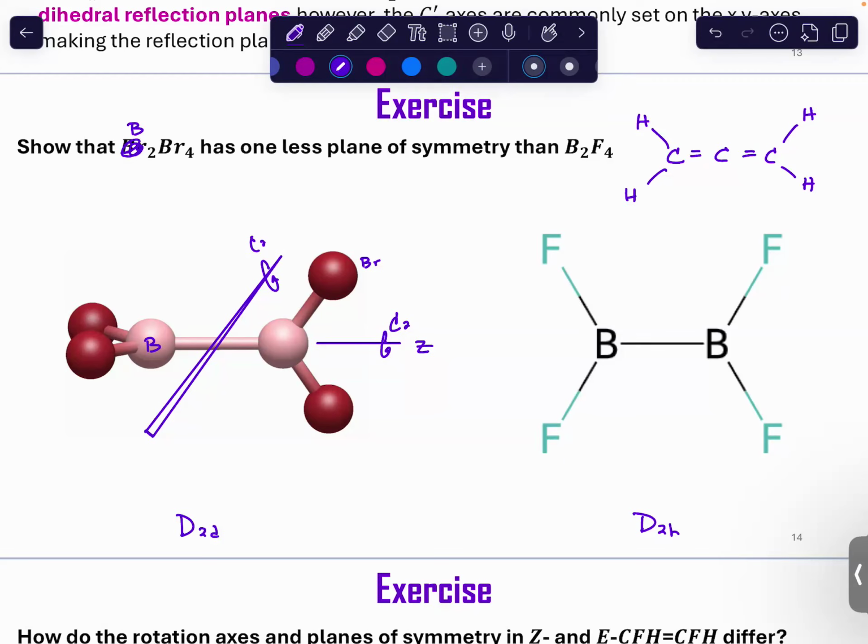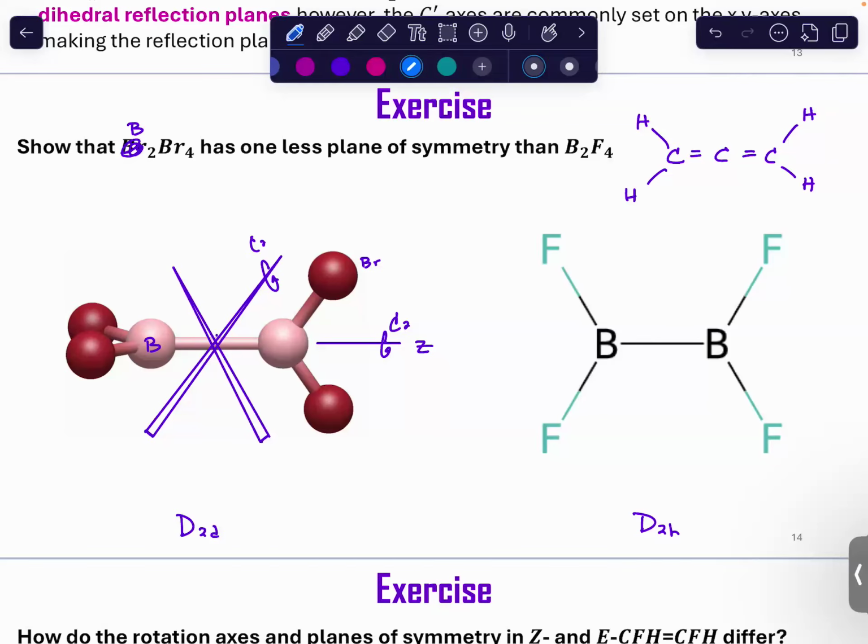It's kind of hard to see. But if I put one, now let's see how to do this. Let me try to draw this other. Okay, so there's that other similar C2 axis, okay?